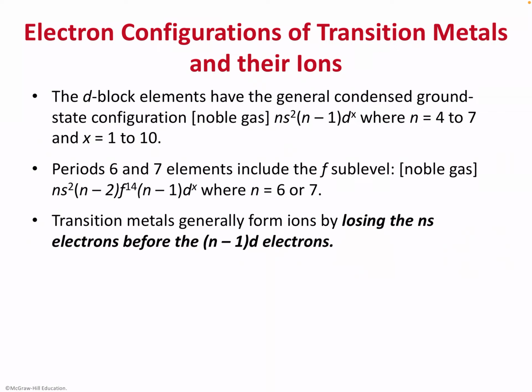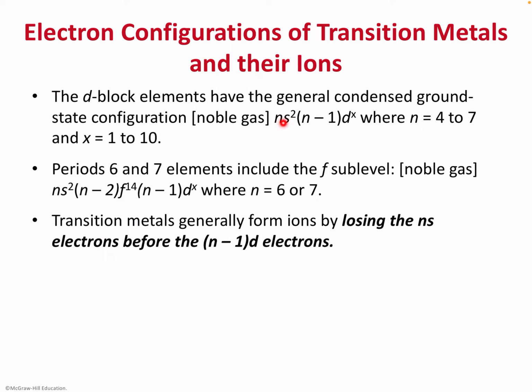So electron configurations of transition metals and their ions. The d block elements have the general condensed electron ground state configuration. Remember the condensed electron configuration and the expanded configuration. So the condensed electron configuration is you write the noble gas prior to the element. After that ns2, n is the main period number.